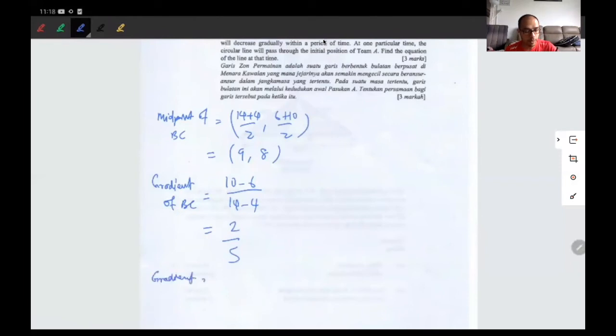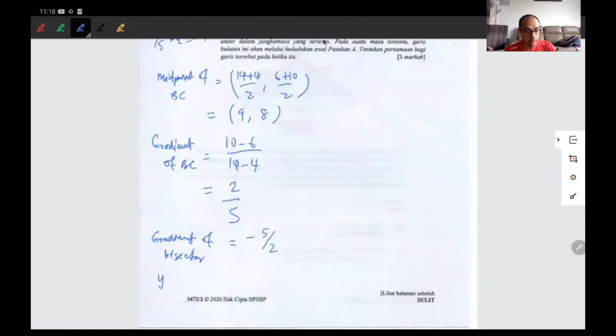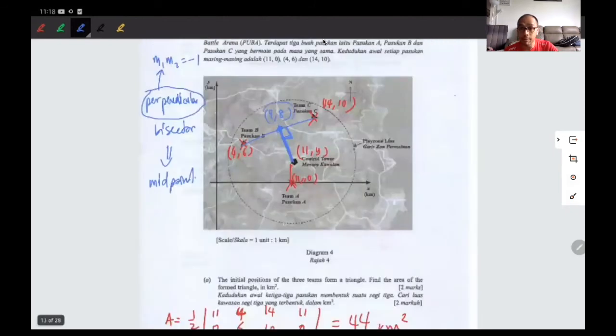So if the gradient of BC is 2 over 5, the gradient of the bisector, using m1 m2 equals negative 1, is 2 over 5 times m2 equals negative 1. This will give me negative 5 over 2. So then I can form the equation: y equals negative 5 over 2 x plus c. Do I have a coordinate that I can use? I do, because the perpendicular bisector hits the midpoint.